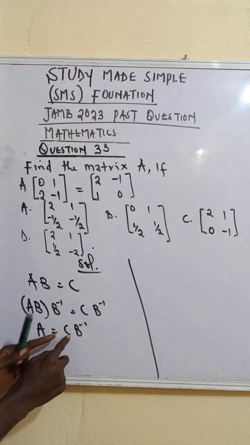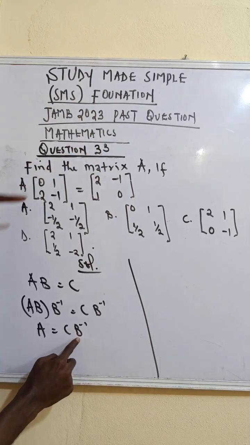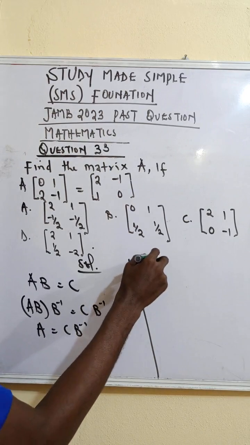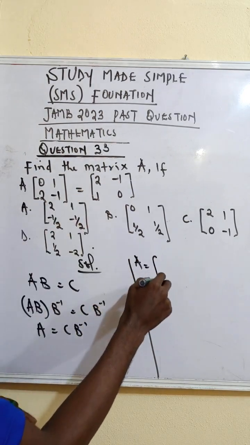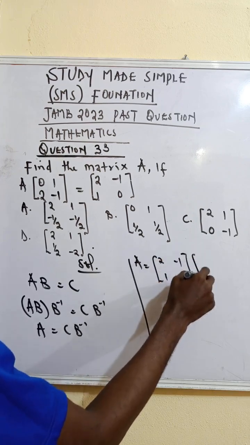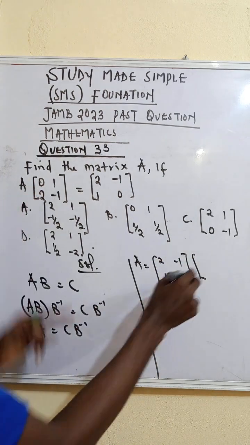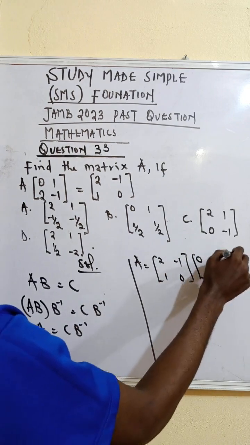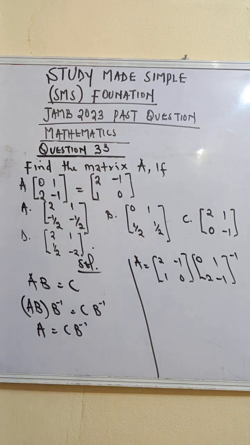Since we have already taken this as C and this as B, let's substitute. So matrix A will be equal to C, which is 2, minus 1, 1, and 0, times the inverse of matrix B, which is 0, 1, 2, minus 1.